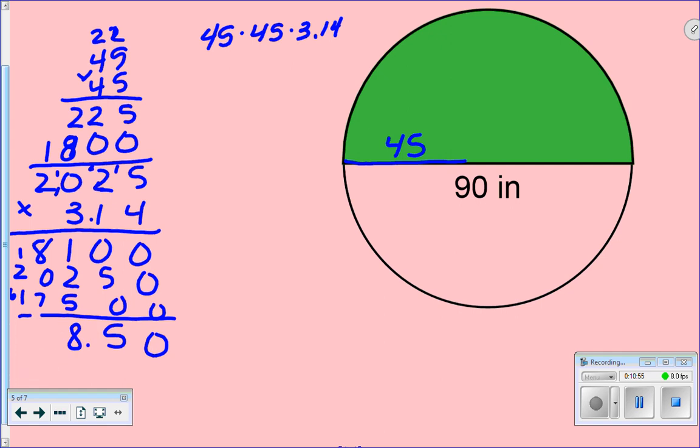Yep. Okay, but guess what this is? This is the whole circle, but you want half of it.